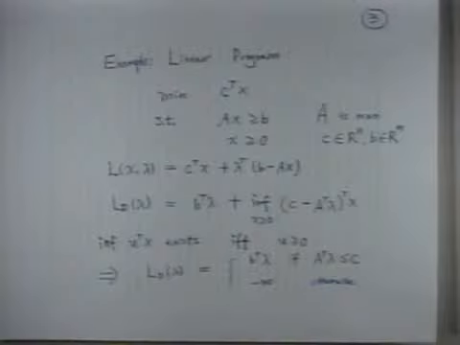And how do I solve the primal problem? The primal problem is just, for any lambda, I try to maximize this L of x, the Lagrangian function, with respect to x.